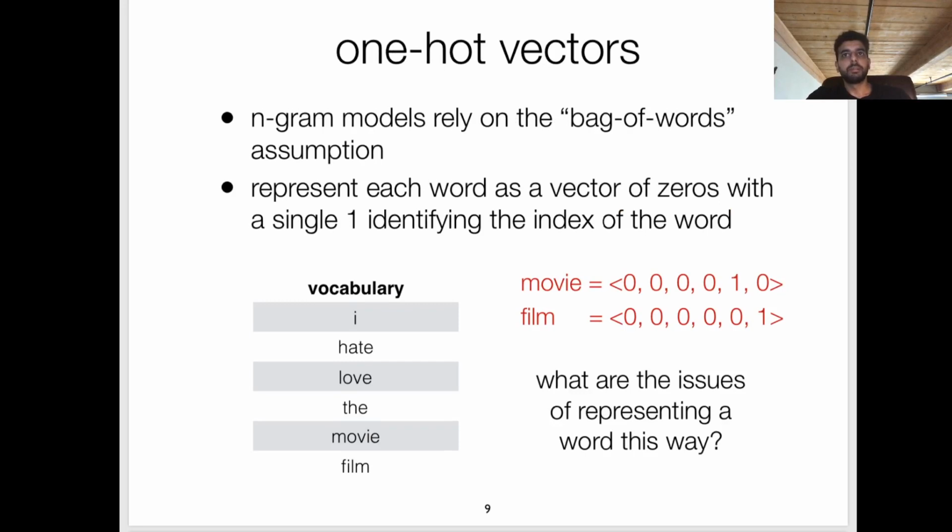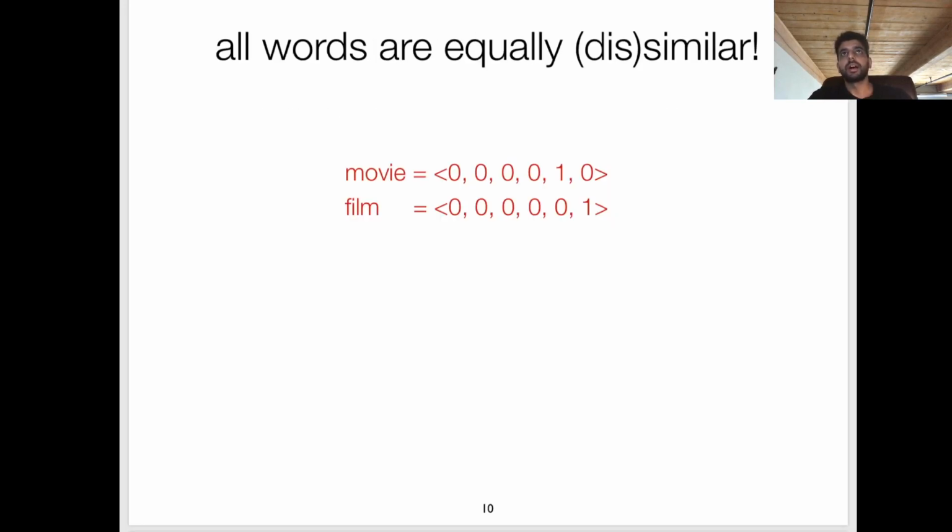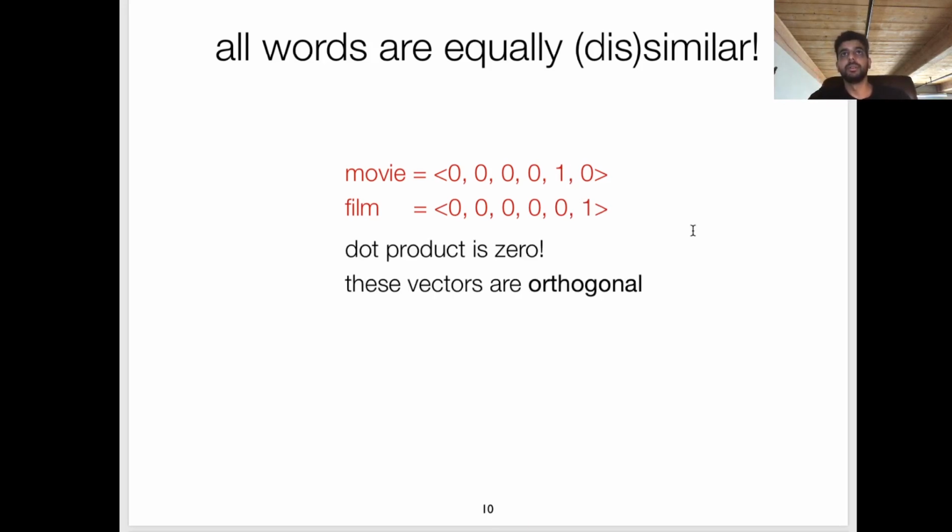So one of the biggest problems of using a one-hot representation is that all words, phrases, etc. are equally dissimilar. So a movie and film, right, we know that they're synonyms, but if you look at their two vectors, their dot product is 0, their vectors are orthogonal.